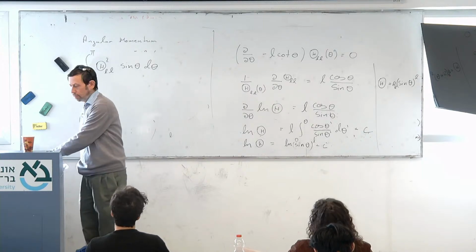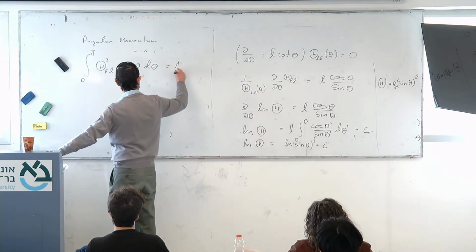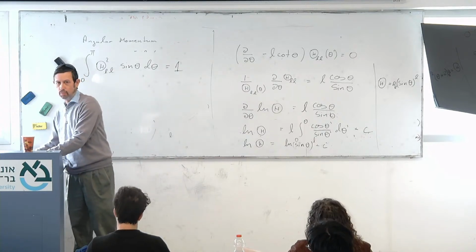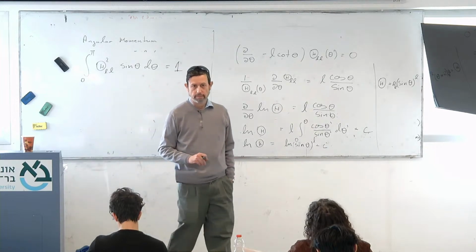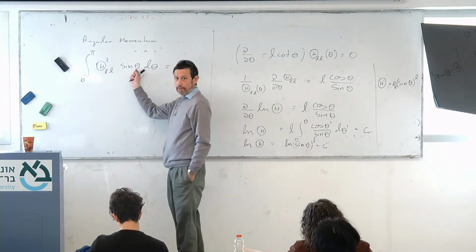Just wrote down the normalization has to be equal to 1. Jacobian.